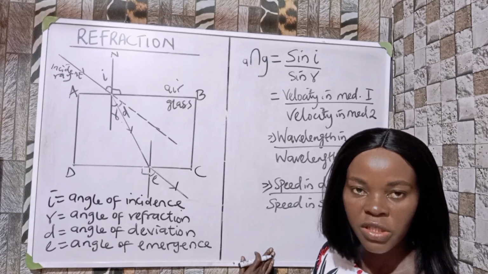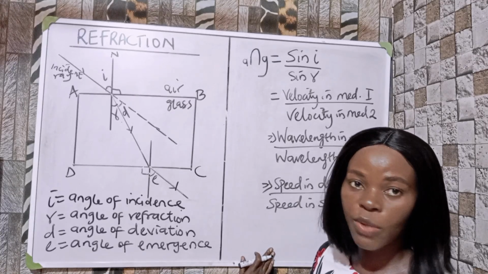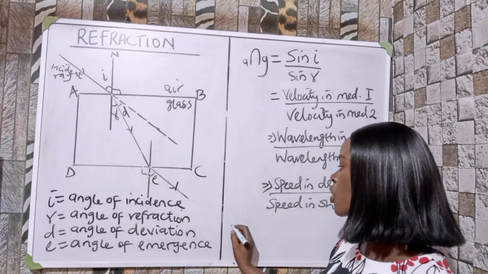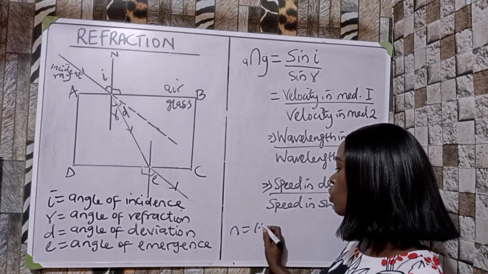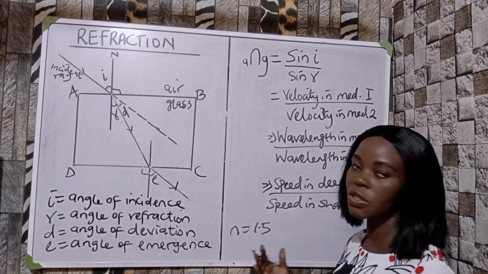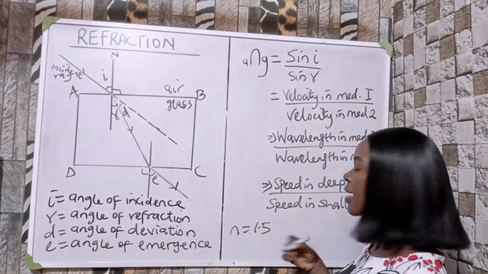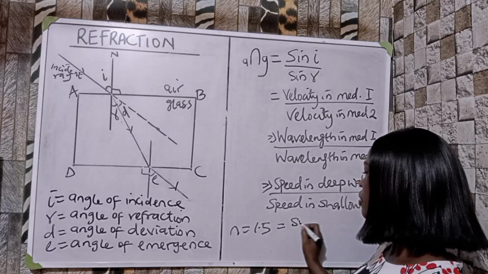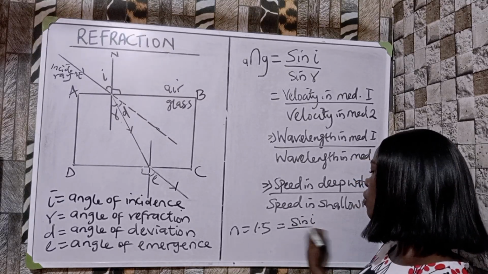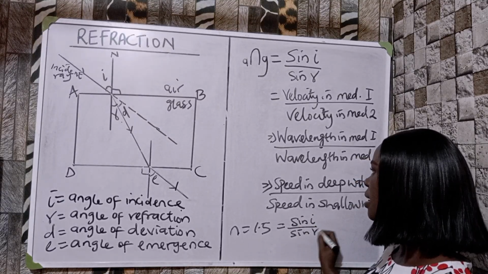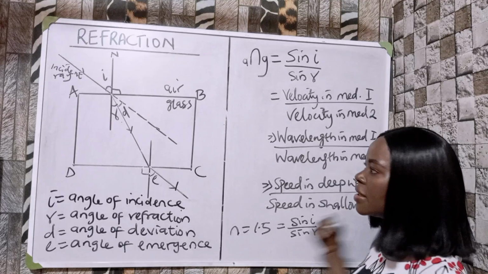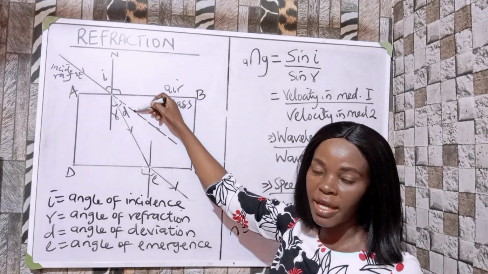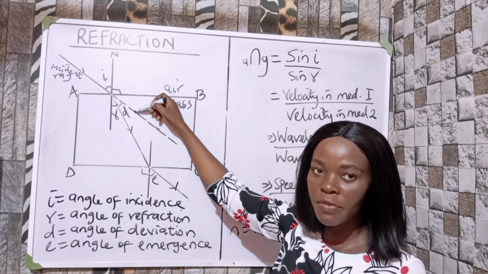And mind you, this refractive index of glass is always constant and is equal to 1.5. So if you know that n is equal to 1.5, you can as well solve for anything like angle of incidence or angle of refraction, because n is equal to sine I over sine R. Then another thing, you may be asked to get this angle of deviation here. How can we solve for it?